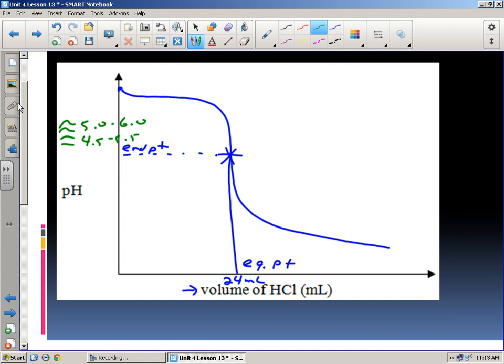What's an indicator that would work well with that? Well, let's take a look. Let's assume it's about 5-ish or so. Maybe 4.5 to 5 to 6, somewhere there. Let's see. Methyl red would probably be okay. Chlorophenol red would probably be okay.